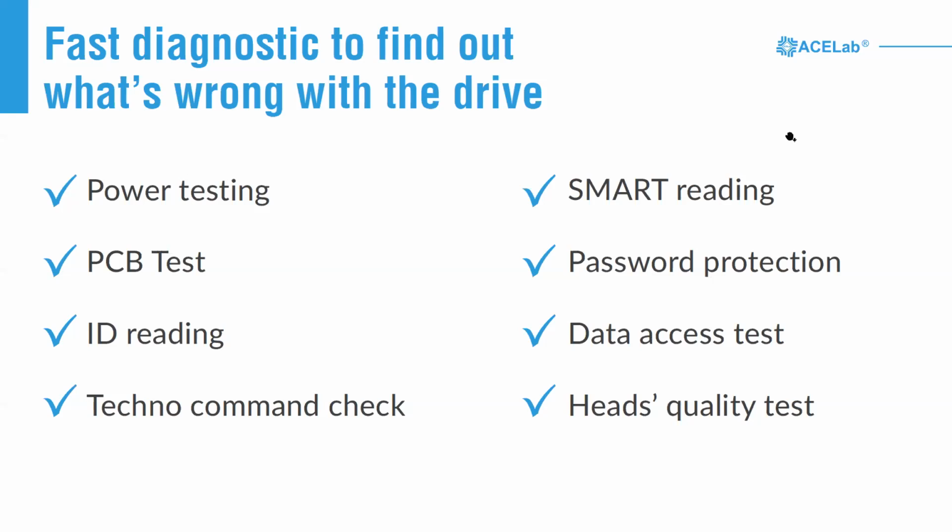For example, if some heads are not working correctly and you try to make a full imaging of such a drive, you can scratch the surface, you can add many more bad sectors than it was before, or you can damage the drive completely. And that's why if you don't want to damage your drive, you need to analyze it and find out what's wrong with this drive and apply the correct steps to bypass all these issues.